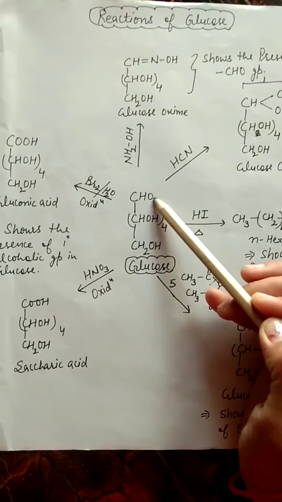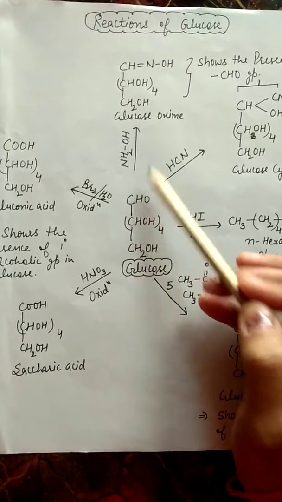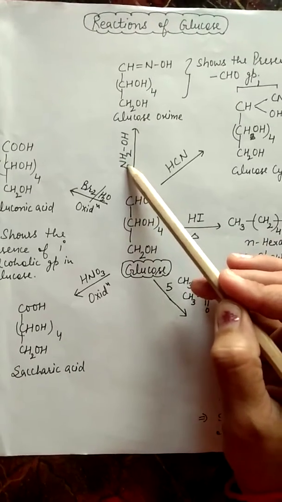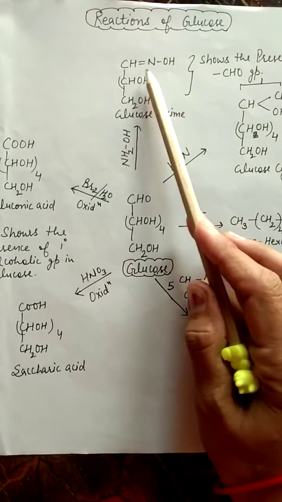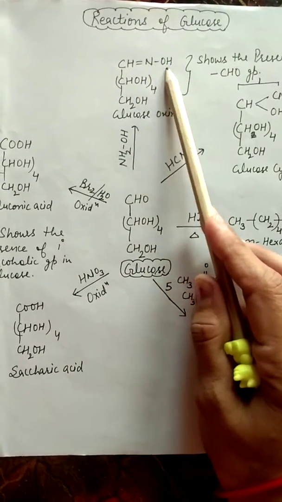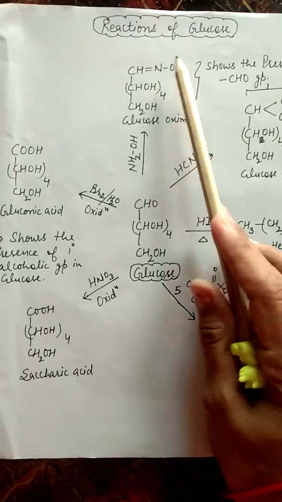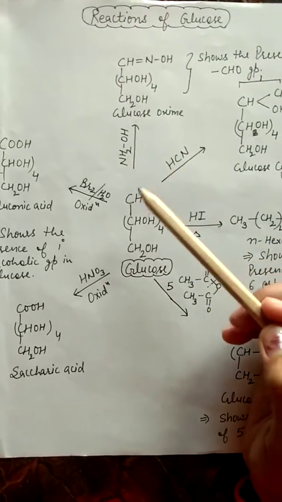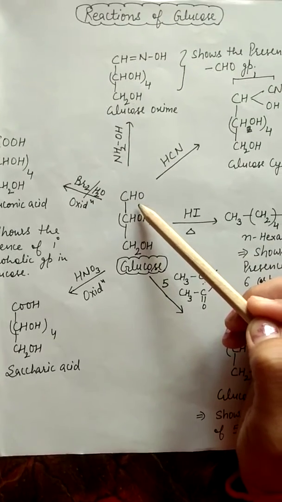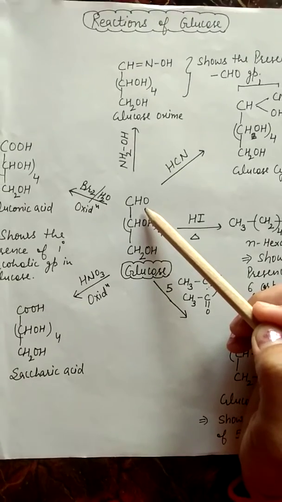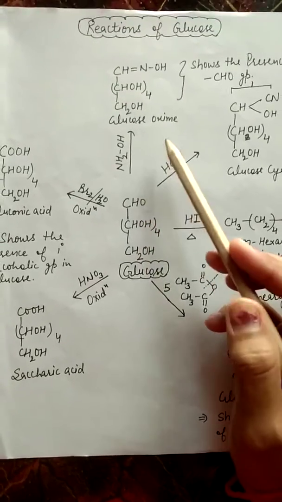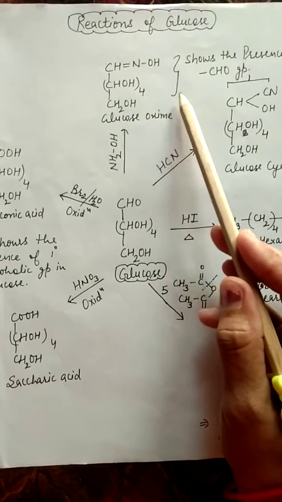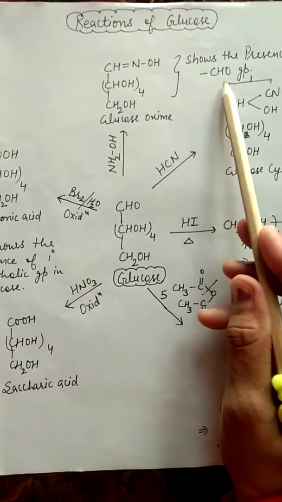Water is released and it will form CH double bond N-OH, only at the aldehyde position, which is present at the first carbon atom. This reaction also shows the presence of an aldehyde group.